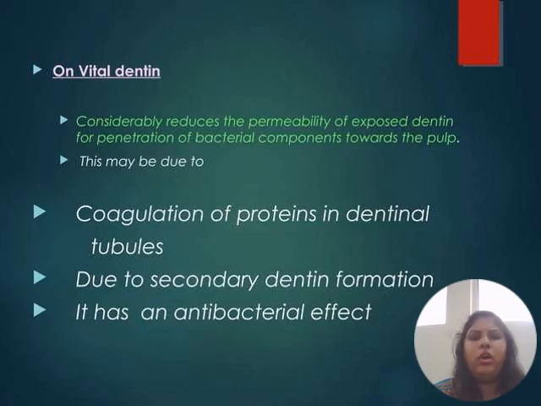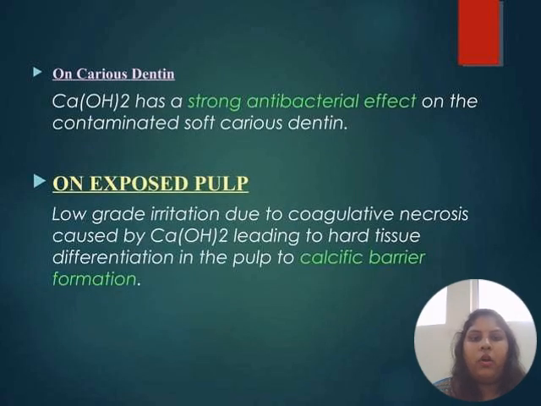This may be due to coagulation of protein in dentinal tubules. Due to secondary dentin formation, it has an antibacterial effect. On carious dentin, it has a strong antibacterial effect on the contaminated soft carious dentin. On exposed pulp, there is low irritation due to coagulative necrosis caused by calcium hydroxide, leading to hard tissue differentiation in the pulp and calcific barrier formation.